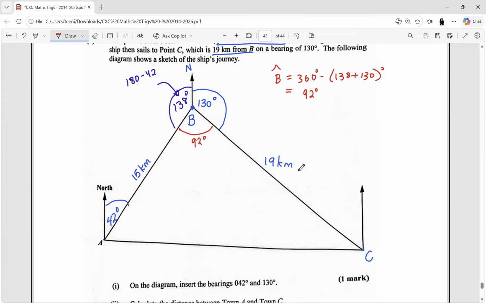So if you recall, the rule that you use when you have two sides and the included angle, anybody knows which rule it is? Shaniqua, you remember which rule you use?